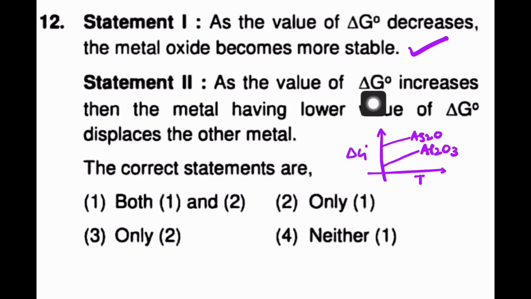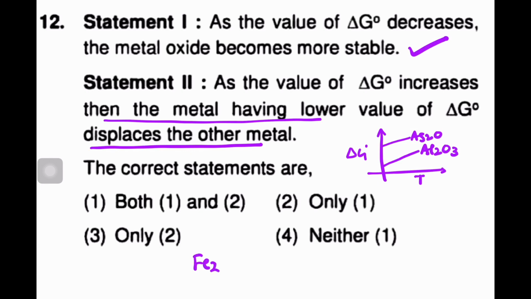Second, as the value of delta G naught increases, the metal having a lower value of delta G naught displaces the other metal. That is also true. If you compare the value of delta G naught for Al2O3 and Fe2O3, Al2O3 has more negative.